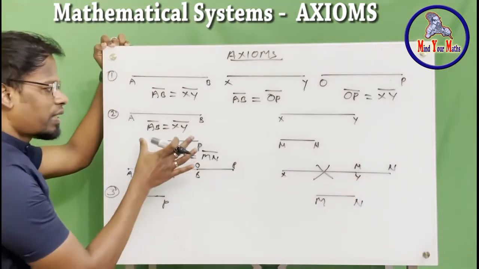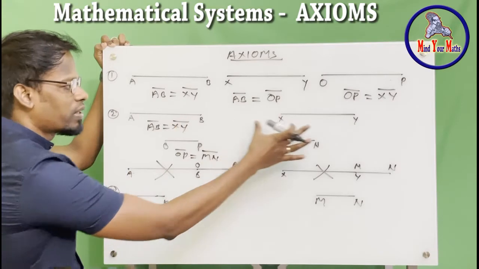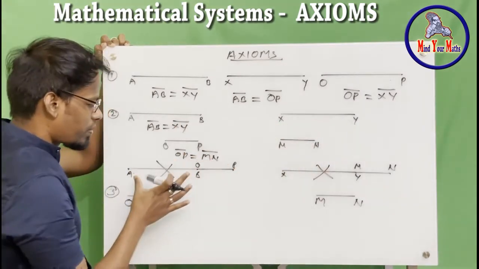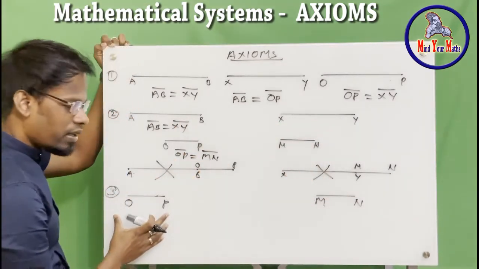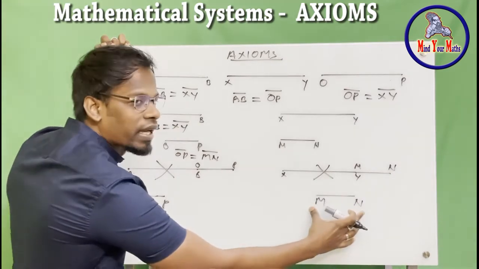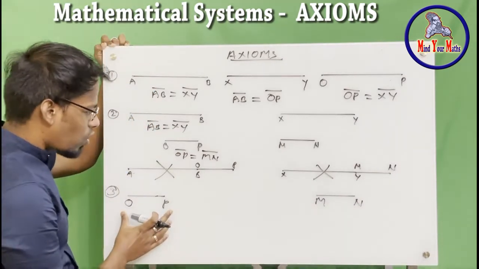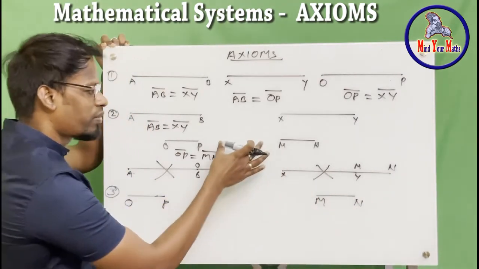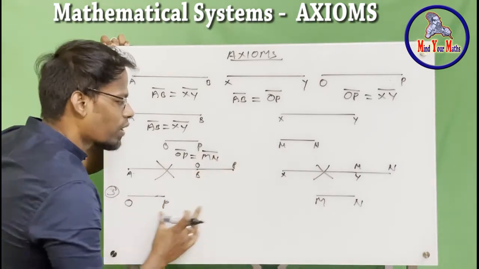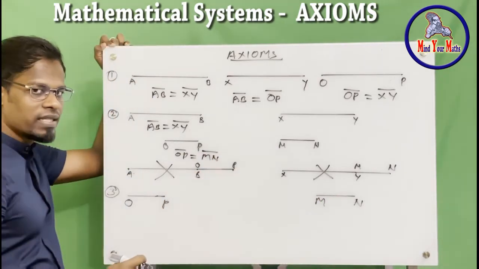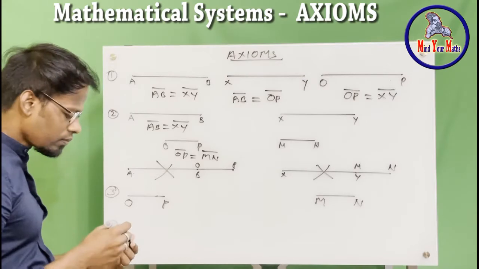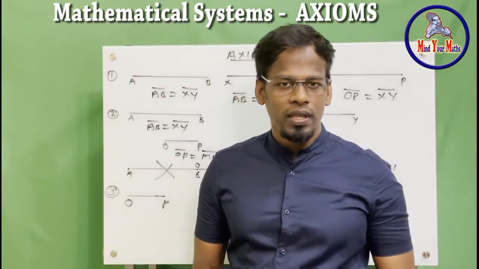So we subtracted another equal, which is this equal to this one, from both sides. The remainders are equal again, right? So what we got, OP is equal to MN. That's what we originally had. So that's what we got here as well, right? Got it? Now we will learn the fourth axiom.